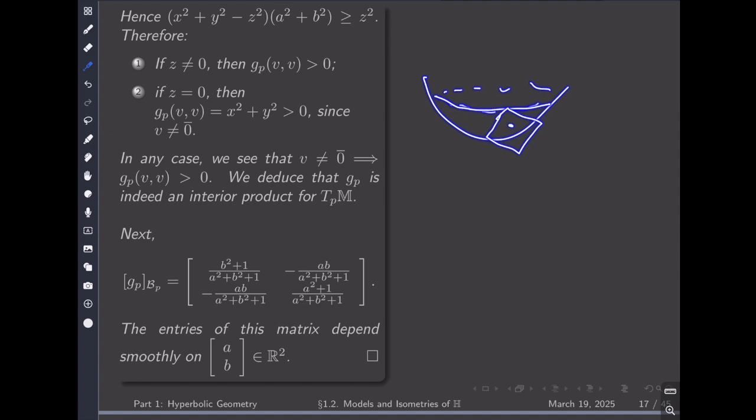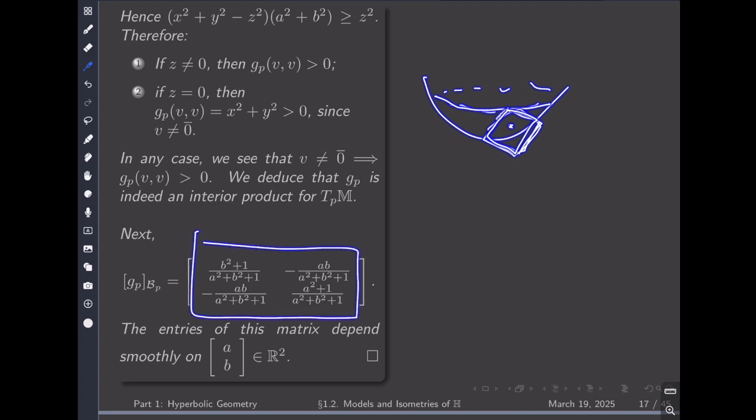Yeah, and then on the tangent plane, I can fix canonically, or let's say standardly, a basis because my surface is parametric. So I can just take the image of (1, 0) and (0, 1) in the tangent plane for every point. Yeah, and then see what the interior product on the tangent plane looks like with respect to this basis, and it looks like this.